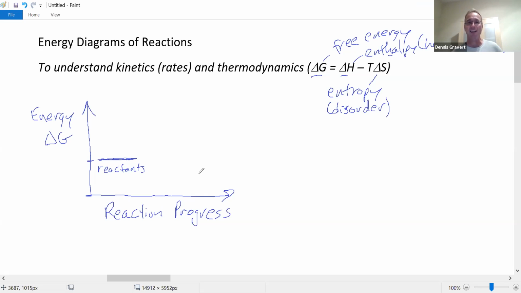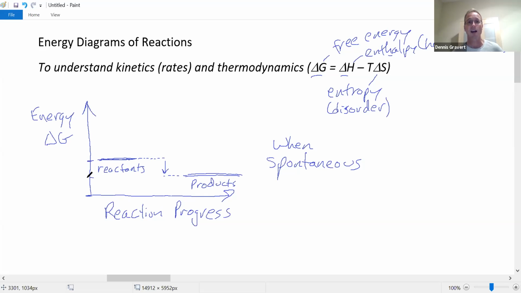And then after the reaction is over, we're going to have products with a lower amount of energy if the reaction is spontaneous. So I'll say when spontaneous, reactants will have more energy than products. Or in other words, if the amount of energy of the reactants starts up here, it's going to go down to this level, right?